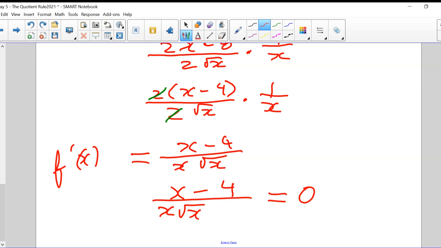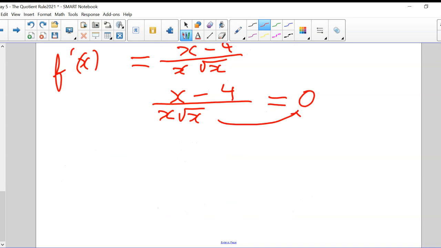When you're trying to solve a rational function equal to 0, really you're going to be looking at the numerator. When is the numerator equal to 0? Because if you cross multiply, the bottom of this side times the top of that side, you're just going to end up with x minus 4 equals 0. So therefore, the solution to this equation is that x is equal to 4.